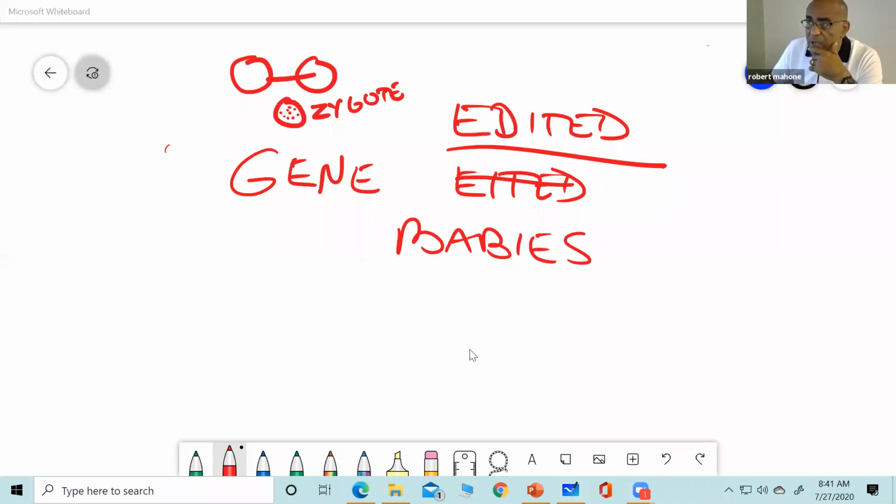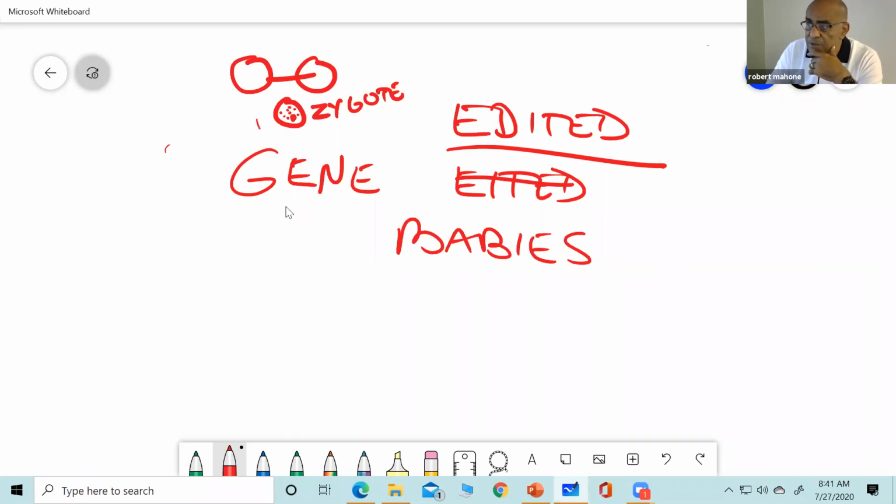And it's important that it's done at the zygote level, because now these cells will start to create a baby. If you can go in here and take one of these cells and edit it some way, then that edit will apply to every cell made after that.